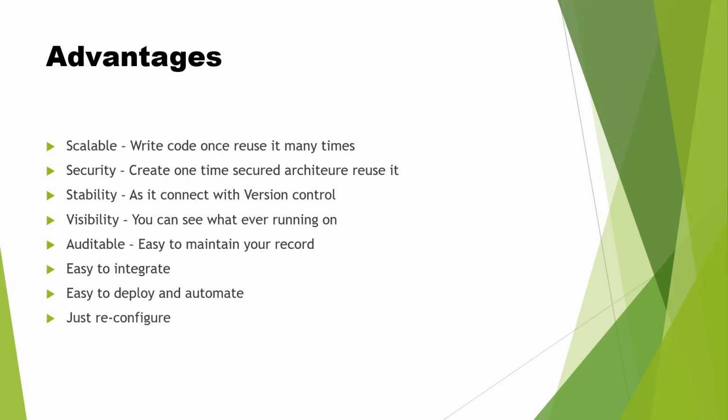If you would like to change anything, you just edit the code, and it will reconfigure. But with a GUI interface, you have to go step by step and change everything. Here you just replace the code, so that when you go for the configuration, it reconfigures everything.